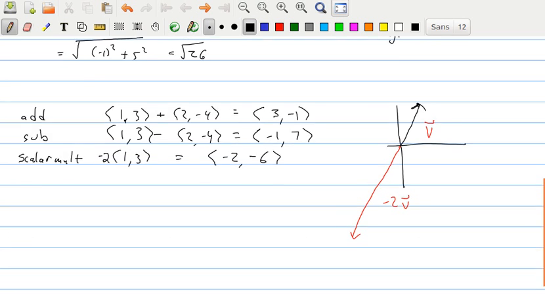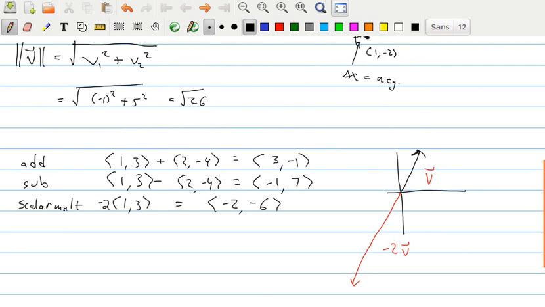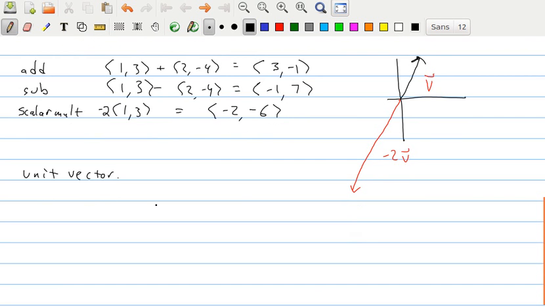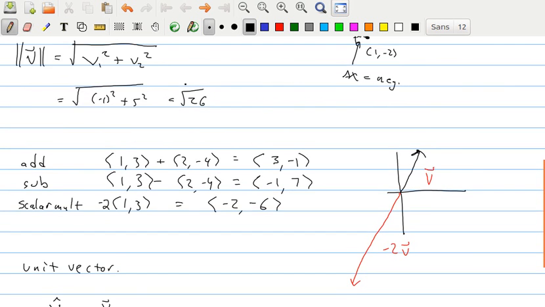Now, combining the idea of magnitude and scalar multiplication, we have the idea of a unit vector. A unit vector is the vector pointing in the same direction as v, but having length 1. We denote this as v with a hat over it. This hat means it's a unit vector. By definition, we take the vector v and divide it by its length. Let's do that with the example we had previously.